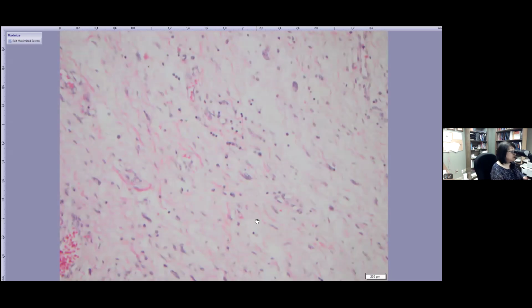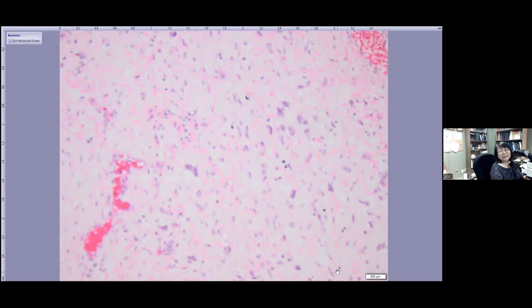So background tissue, again, spindle cells producing collagen, kind of a myofibroblastic or fibroblastic lesion with some vessels here. And also scattered inflammatory cells. So those are lymphocytes in the background. All over the lesion, inflammatory cells.